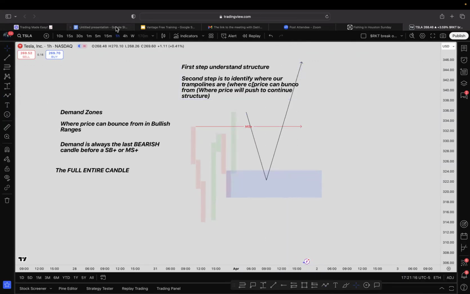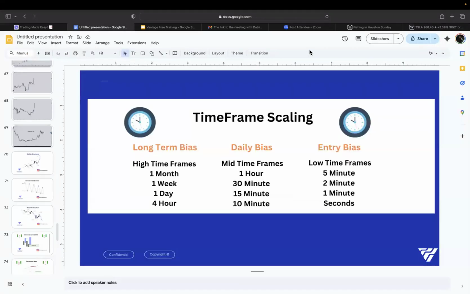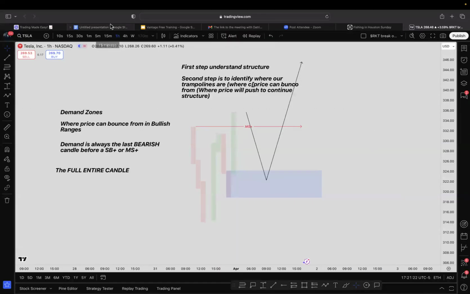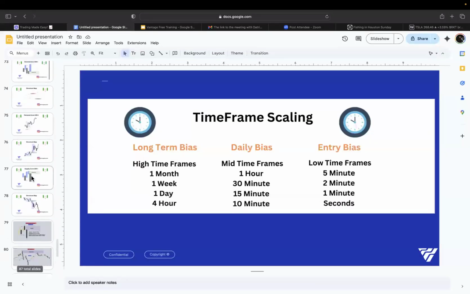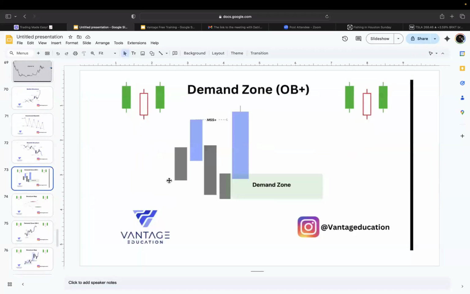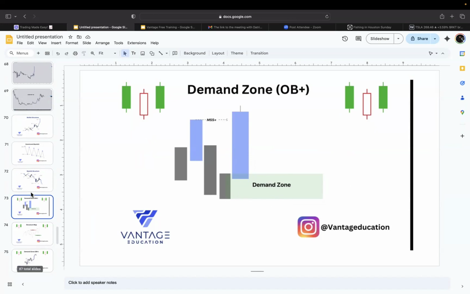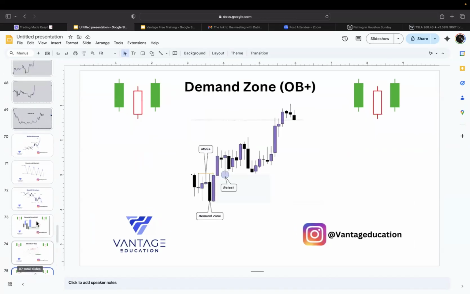All right. And what I said about the time frames earlier with 1 hour, 15 minute and all that, it's the same thing. So if we go to something like this here, we have a market structure shift to the upside. This is the last bearish candle before that shift. So therefore, this whole candle is our demand zone. Here's another example here.